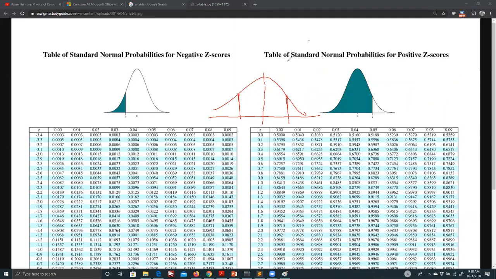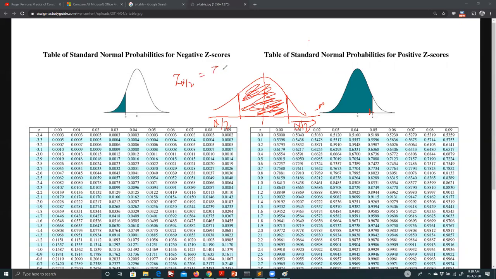No. Be very careful here. That 80% was from negative infinity till this point. Now I want the middle 80%, not from negative infinity. It's a simple trick: divide alpha by 2 rather than using alpha. So now you just need to find z alpha by 2.